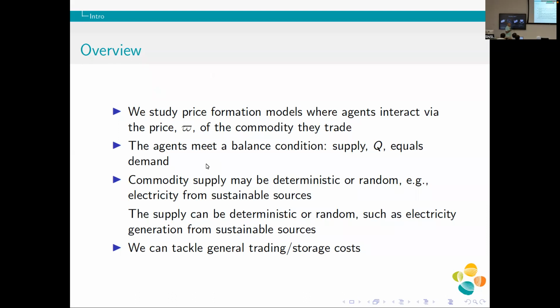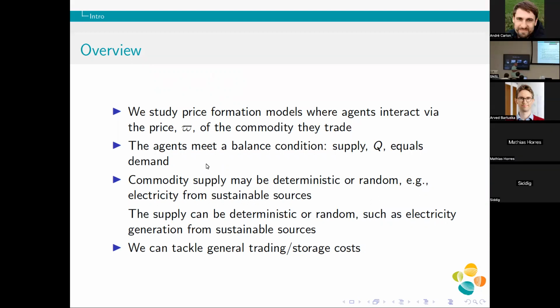So what we want to do is study price formation, with a very large number of agents that interact via the price of a commodity that they trade. They need to meet a balance condition, so you cannot trade freely because there is only a limited commodity supply.